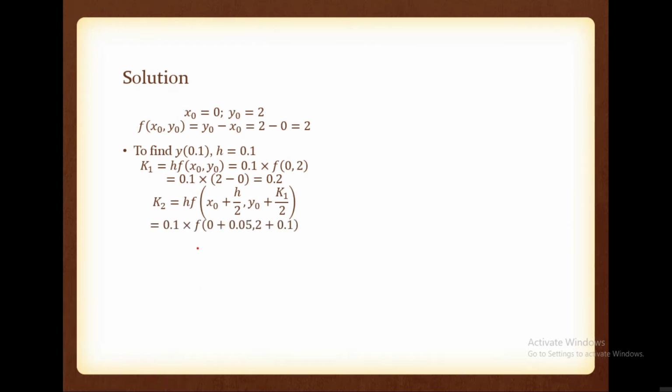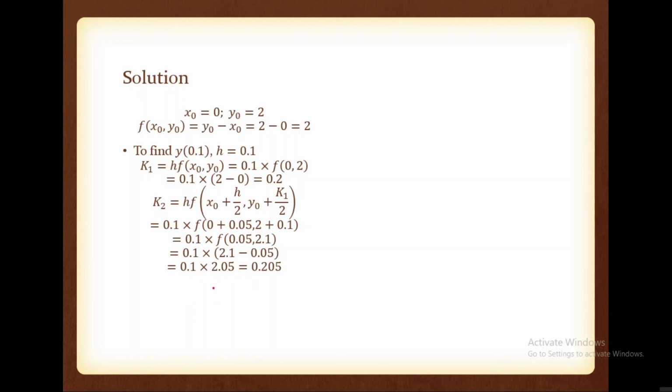k2 is equal to 0.1 into f of 0 plus 0.1 divided by 2, that is 0.05, comma 2 plus 0.2 divided by 2, that is 0.1. So we have 0.1 into f of 0.05 comma 2.1, that is equal to 0.1 into 2.1 minus 0.05 equal to 0.1 into 2.05, that is equal to 0.205.